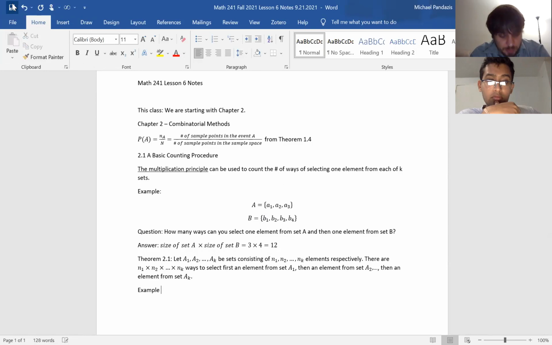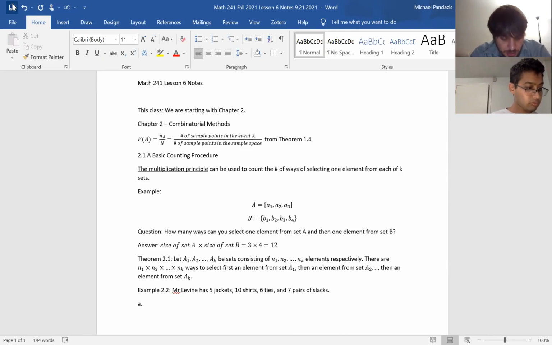Okay, so example 2.2. Mr. Levine has 5 jackets, 10 shirts, 6 ties, and 7 pairs of slacks.